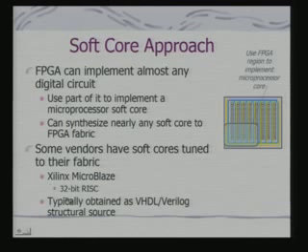That means if you are looking at a platform instance, you will be searching around some variant of this basic architecture to meet your requirement, because this is typically provided as a VHDL or Verilog structural source. Verilog is another hardware description language equivalent to VHDL. So, this is a typical way this is done in a soft core approach.